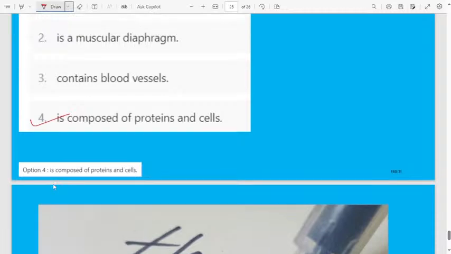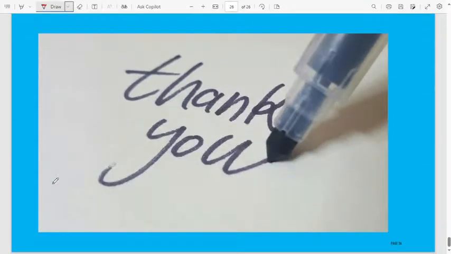Yes, these are a few important questions based on eye defects. Eye defects normally are of three types: myopia, hypermetropia, presbyopia. Remember the condition of the defect, what is the cause, how it will be corrected, and what is meant by that defect.